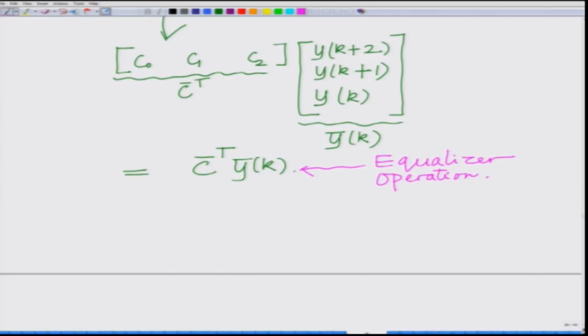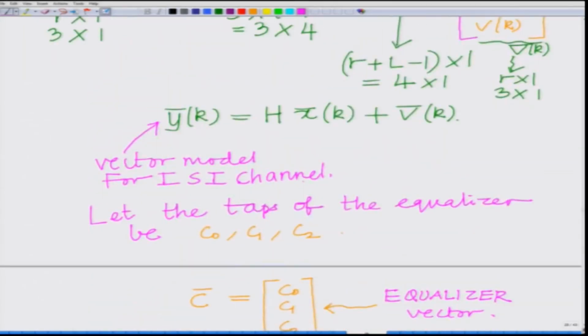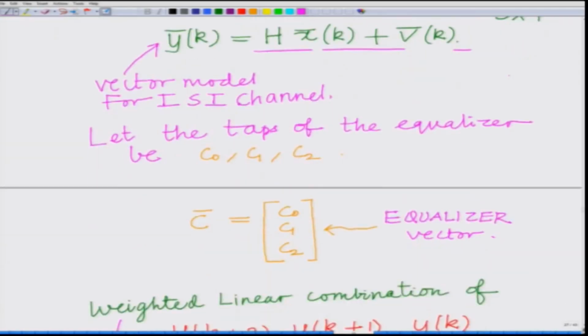Now, if I substitute the expression for y bar k from above, I have already derived y bar of k equals H x bar k plus v bar of k.